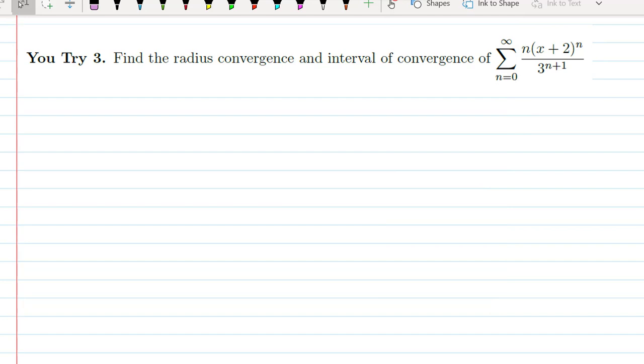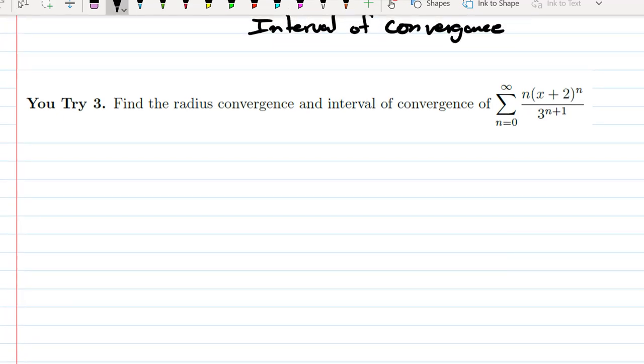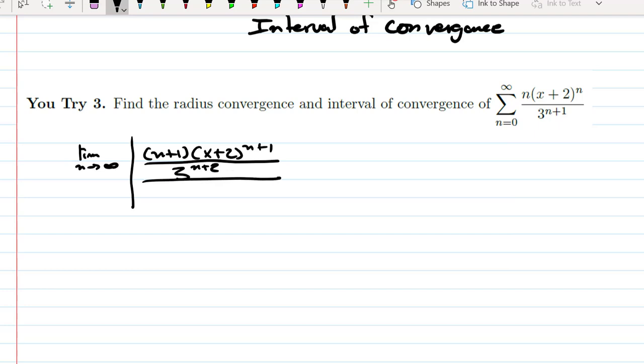Once again, to test for convergence, we're going to use the ratio test. So take the limit as n goes to infinity of a sub n plus 1, so n plus 1 times x plus 2 to the n plus 1 all over 3 to the n plus 1 plus 1, so that's going to be n plus 2, all over n times x plus 2 to the n all over 3 to the n plus 1.